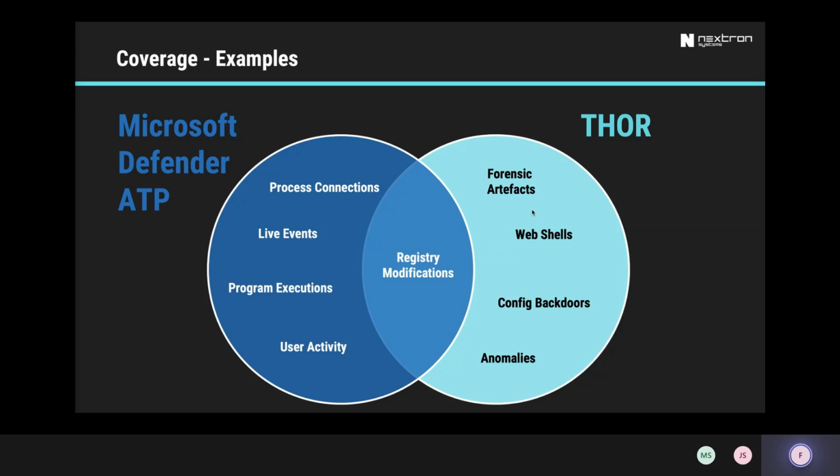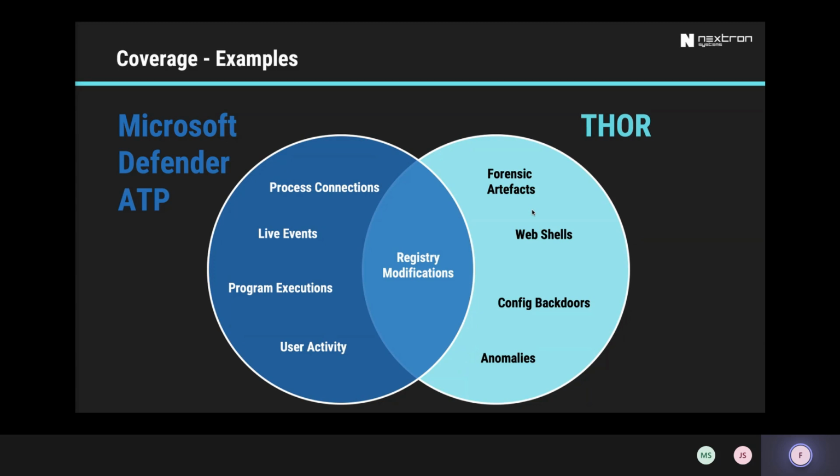When attackers dump credentials on an end system, they usually redirect the output to a local file to exfiltrate that file afterwards, or to reuse it on other systems. And THOR is able to detect these traces, these leftovers, these traces in registry or the MFT, in local caches, shim cache, AM cache.